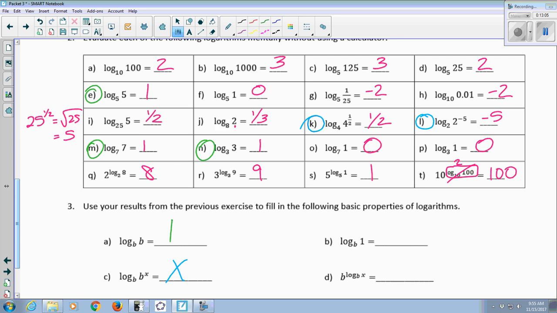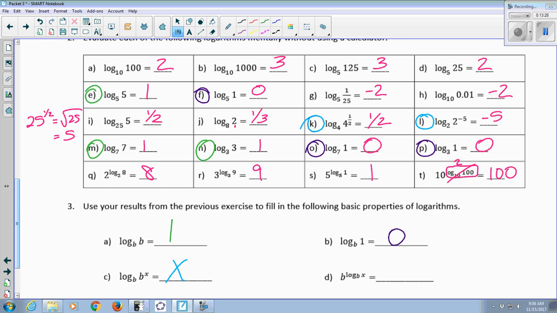The x power. Log base b of 1. So we did several that looked like that. Log base b of 1 would be like that one and that one and that one. They're always 0 because b to the 0 is 1.